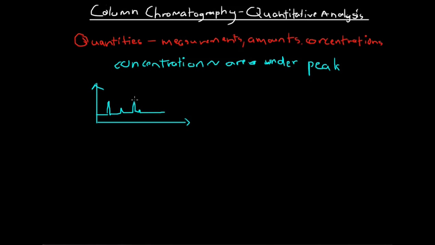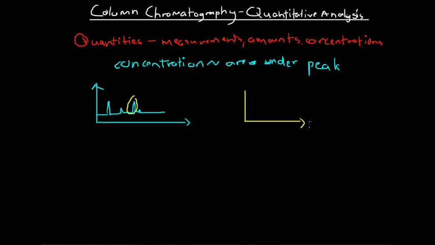Let's say we've identified what this substance is, the substance causing this peak there. Now we know that the concentration of the substance that caused this peak is proportional to the area under this peak. So the best way for us to figure out the concentration of this substance in the sample that we use to create this chromatogram is to create a graph that looks a little bit like this.